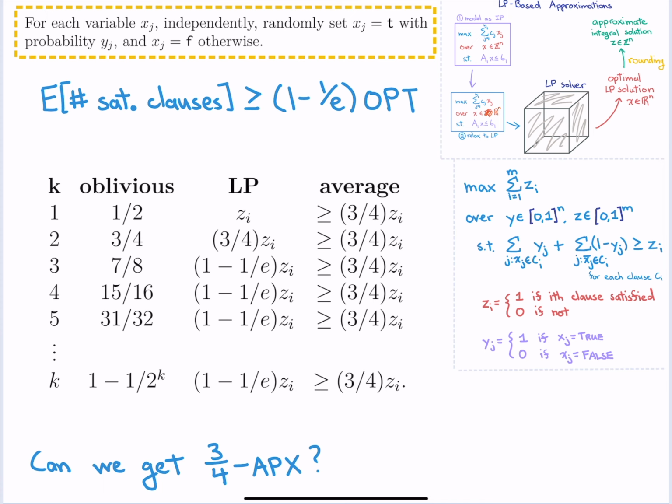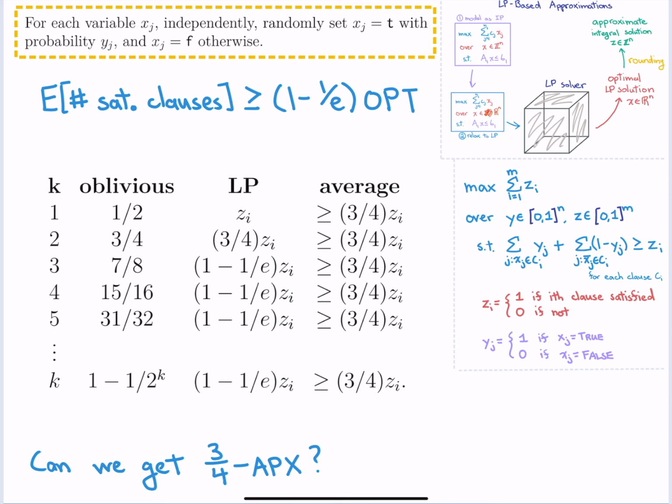One thing that's kind of hard is, okay, how do I take the average of two randomized algorithms? So, okay, can I just make the clauses bigger?